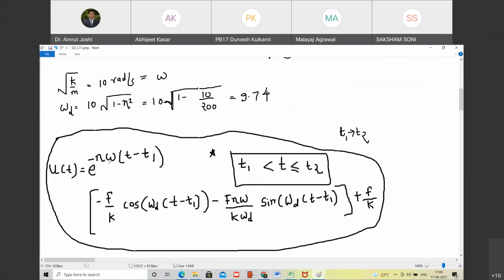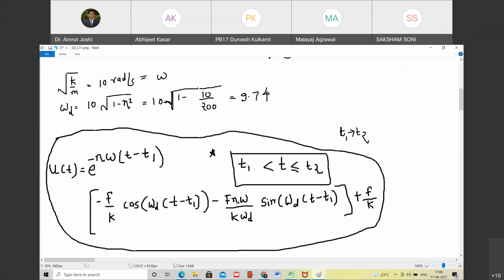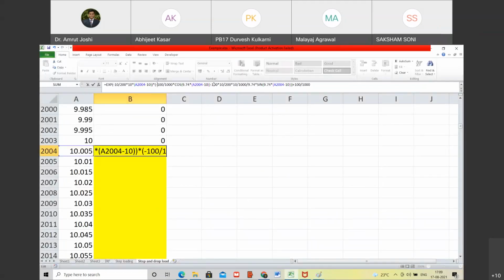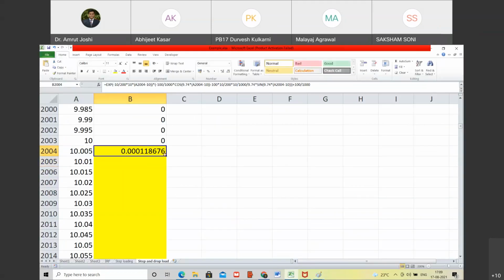Let me cross verify. Exponential eta omega, that is correct. Bracket complete. Then 100 by 1000. This minus sign is missing here. I hope nowhere else is a minus sign missing. No, here I have taken the minus sign into consideration. Yep. Now it seems okay.